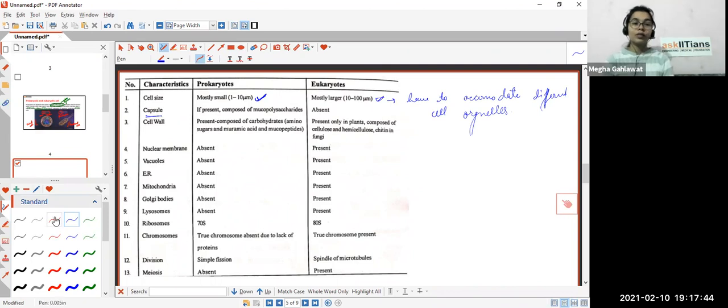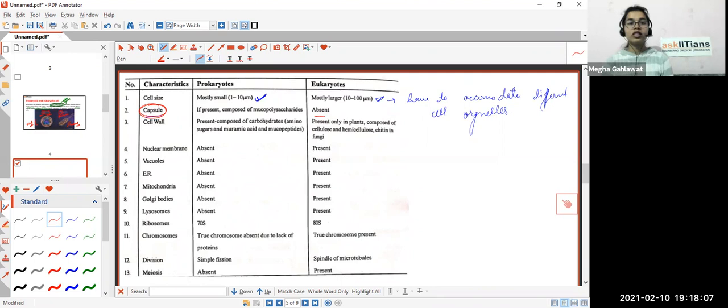Now listen to this. Capsule is the most interesting feature which is possessed by the prokaryotic cells. It is completely absent in the eukaryotic cells. Remember when I told you that prokaryotes are the bacteria? The bacteria can or cannot have a capsule. What is a capsule? Capsule is like the outer covering of the entire cell, which is very, very shiny, which is very, very slippery.